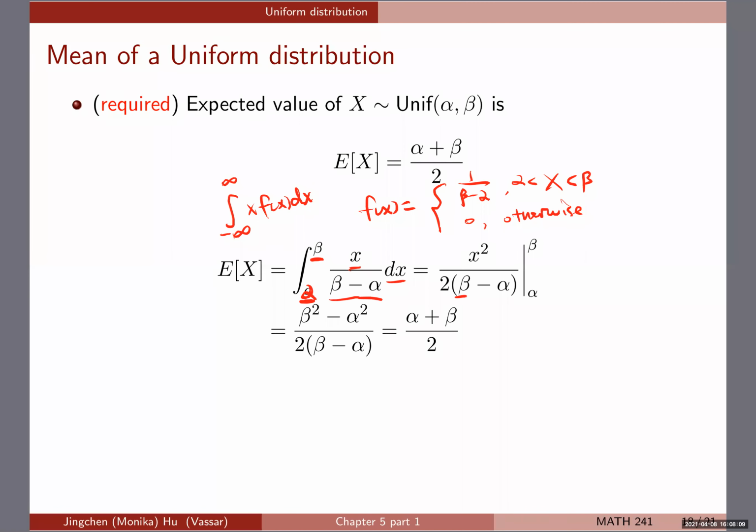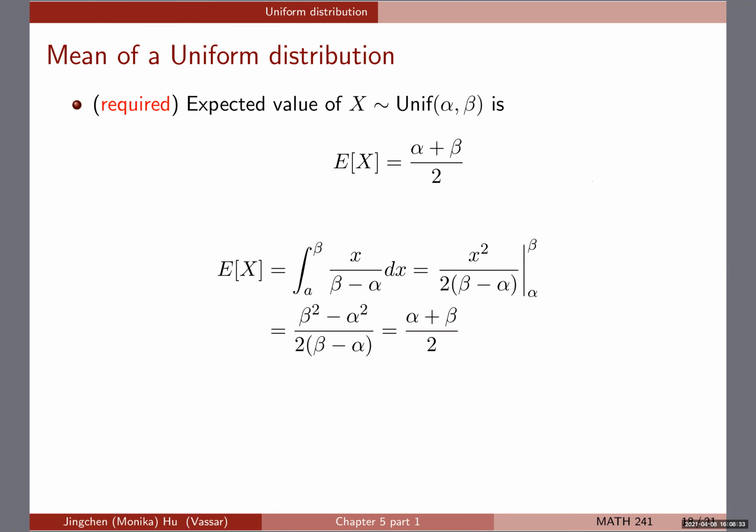Remember that beta and alpha are all constants because the integration is only about x. Here we're going to get x squared divided by 2 times beta minus alpha, integrating from alpha to beta and taking the difference. Eventually you arrive at alpha plus beta divided by 2 as the mean. Mathematically you see how this works.